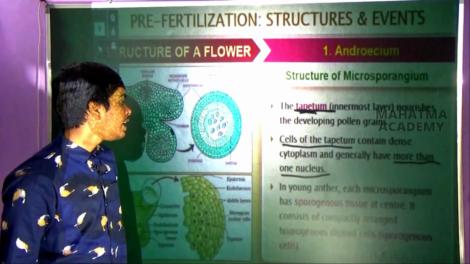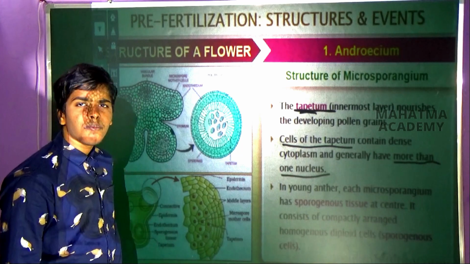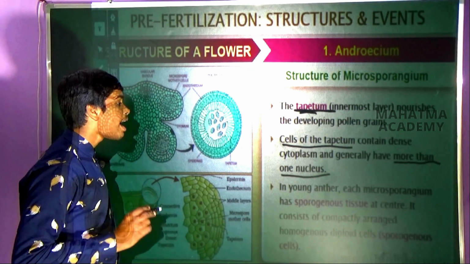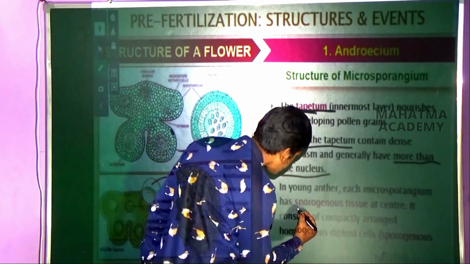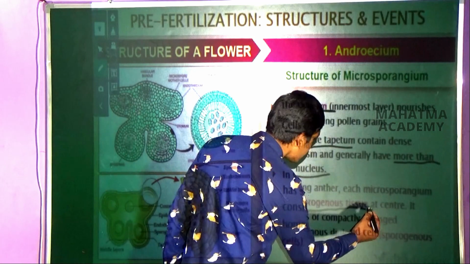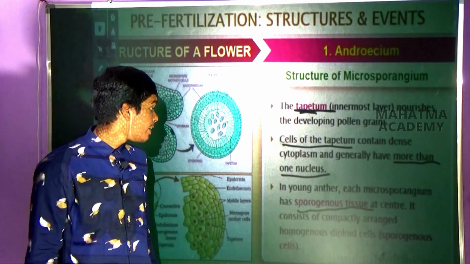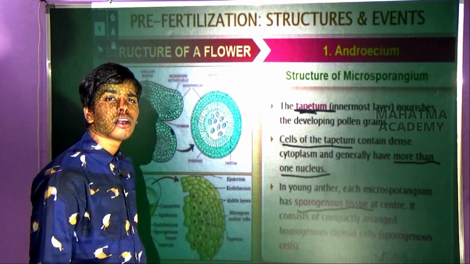In young anther, each microsporangium has sporogenous tissue at the center. So, at this stage, each microsporangium has which tissue? Sporogenous tissue. It consists of compactly arranged homogeneous diploid cells.